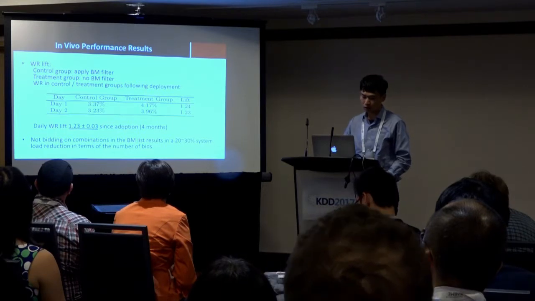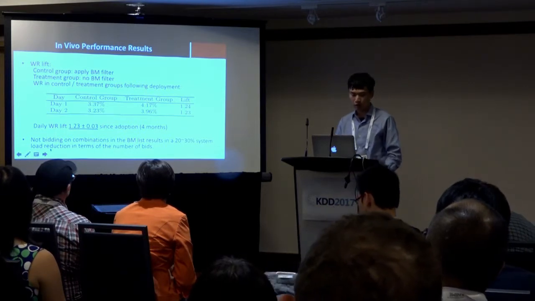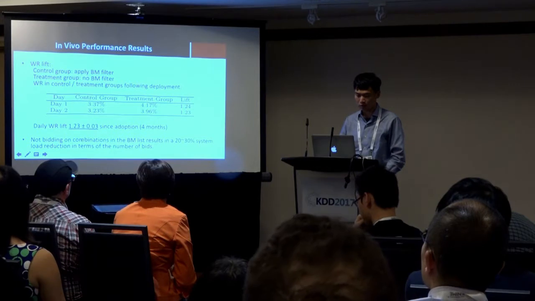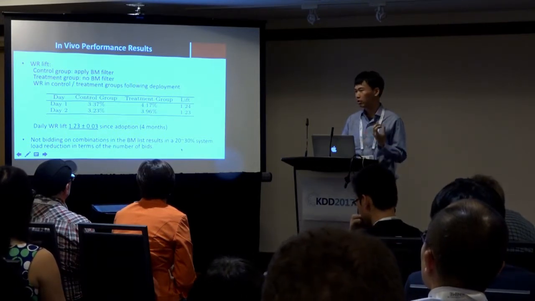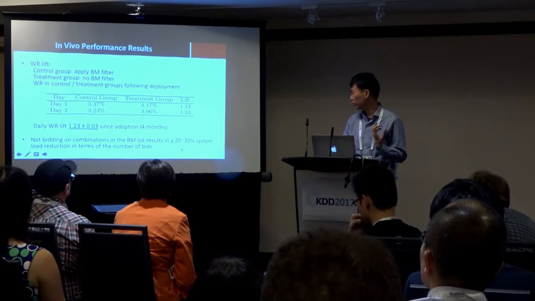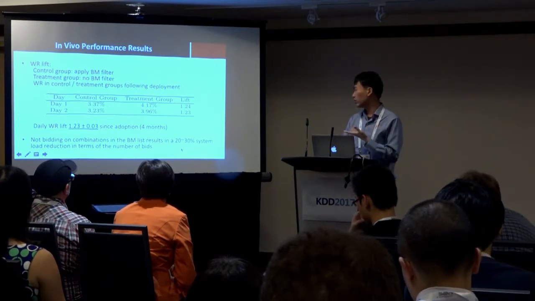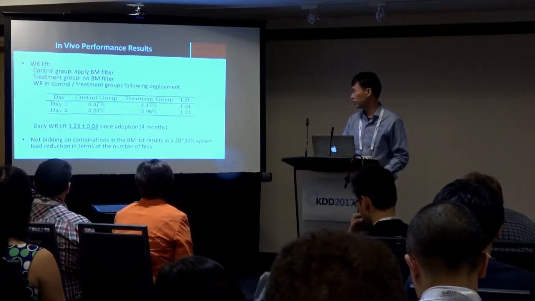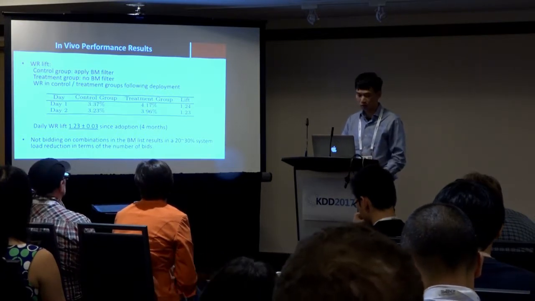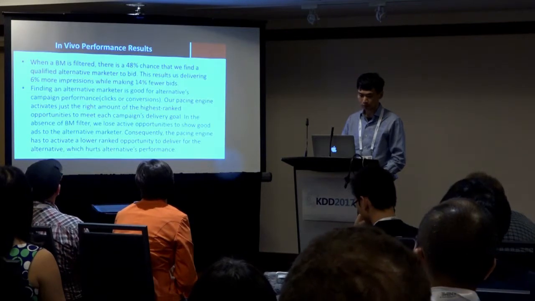And also, there's not only a significant increase in win rate, but there's also a significant reduction of system load. As I said before, system load is important because we're in a low latency computational environment. So if you don't bid on combinations in the bad marketer list, you submit 20 to 30% fewer bids. So that's a good reduction in terms of system load.